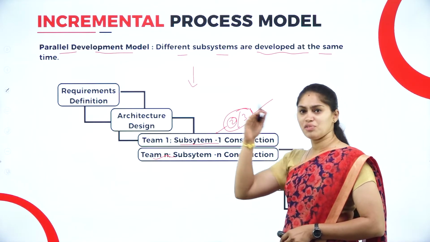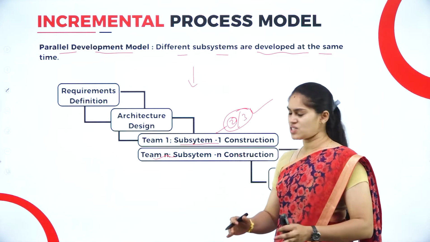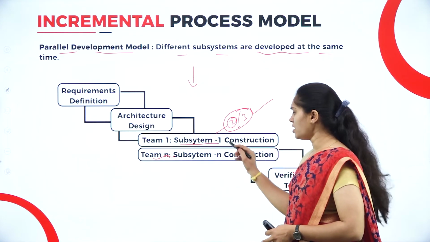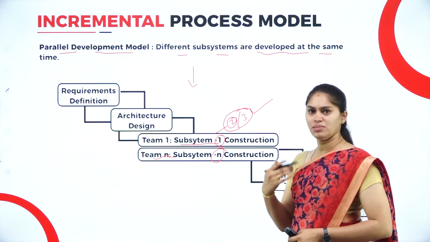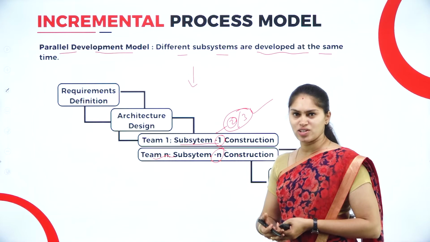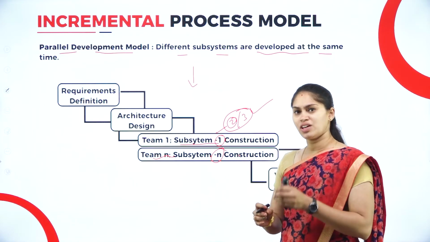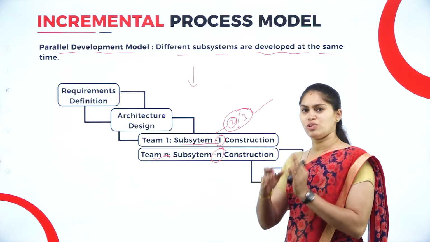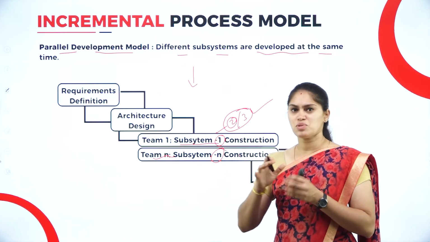So we are going to have a different number of teams, and each team will develop a system from subsystem 1 to subsystem n. For example, take the example of writing a solution for a model question paper, right? Instead of giving all the model paper solutions to a single student, I will take a team of 10 students.